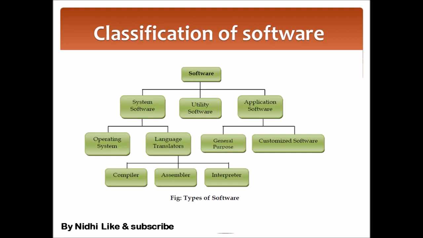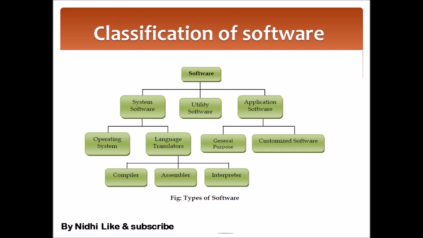On the basis of that, software can be classified into three parts: system software, utility software and application software. In some books you will find two categories, system software and application software, where utility is considered system software, but here I have given you this diagram that categorizes it into three parts.